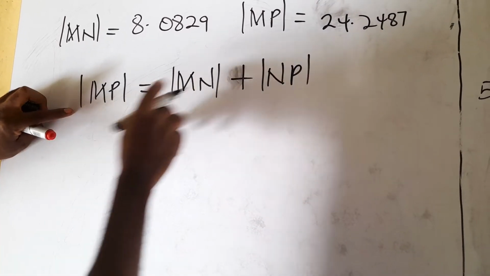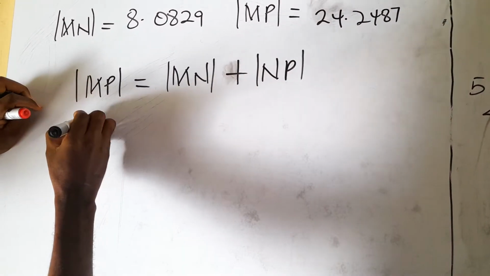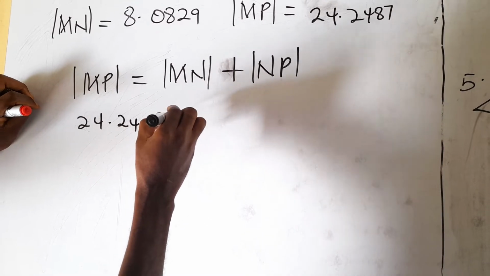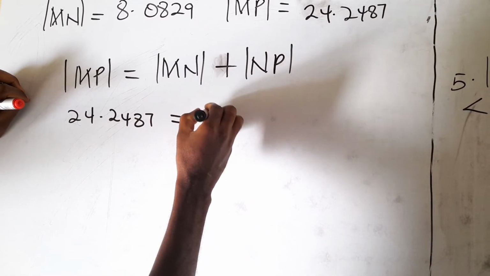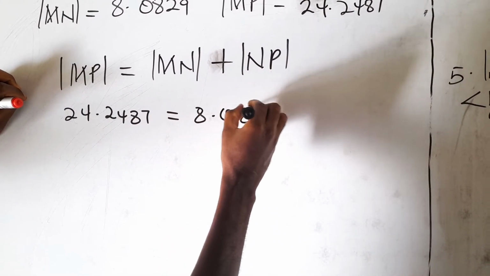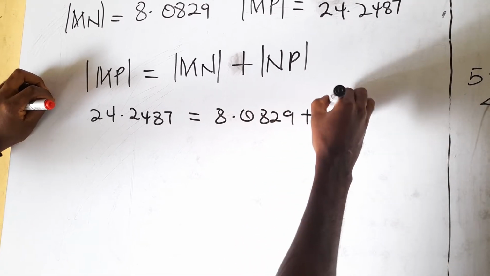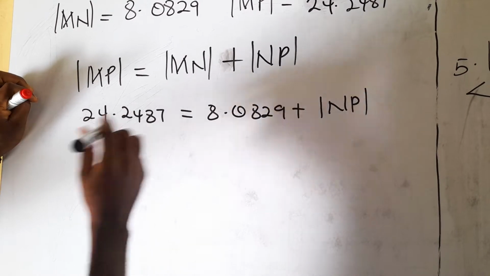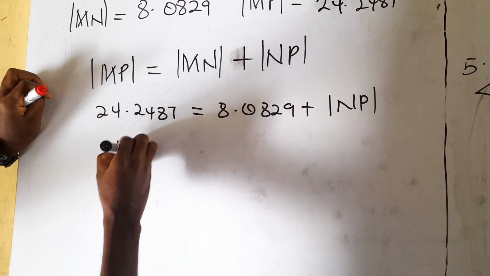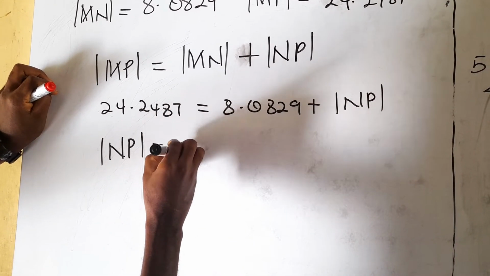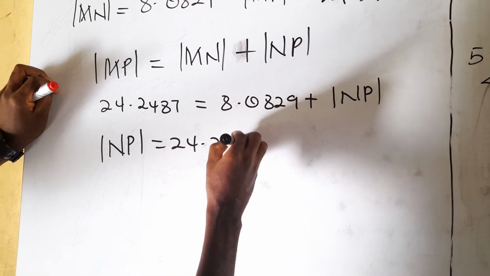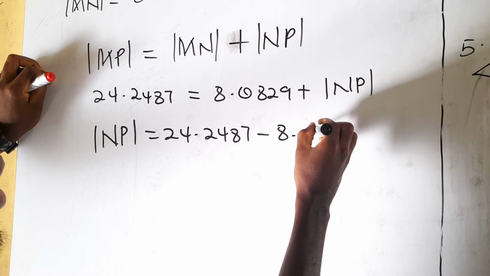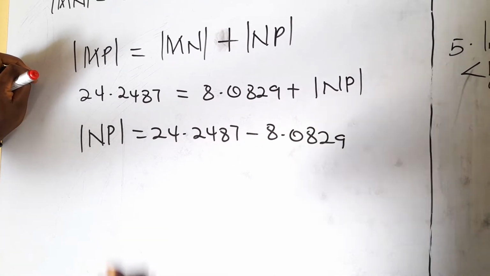So our NP is 24.2487. So 24.2487 will be equal to MN, which is 8.0829 plus NP. So we can make NP the subject. The side NP will be equal to 24.2487 minus 8.0829.